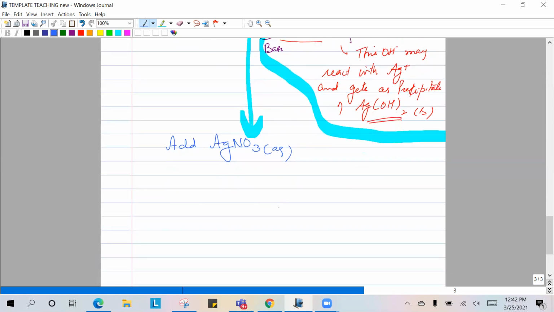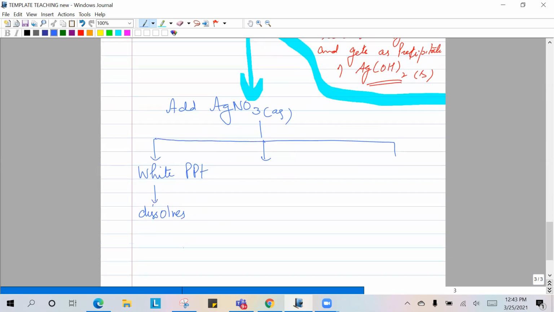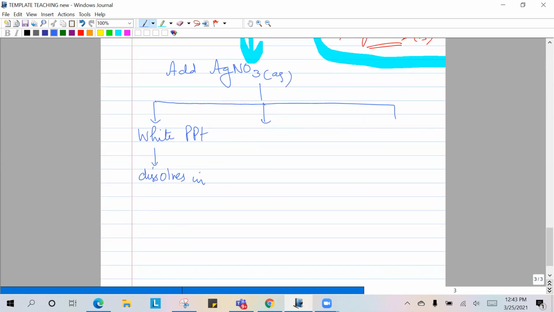So suppose you are recording the colors of the precipitate. There is a possibility of three types of precipitate, depending on the kind of haloalkane you have. If you have a white precipitate which dissolves, as we talked about before in the test for the halides, in dilute ammonia solution.